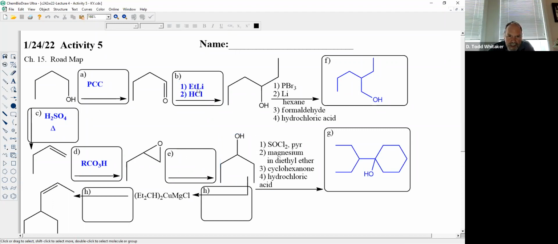I think the easiest way is to say not ethyl, but methyl or Grignard. And you've got that. I'm trying to get done in 3 minutes. You made your new bond. You attacked the less hindered carbon. This bond was never broken. It became O- and HCl made it OH.